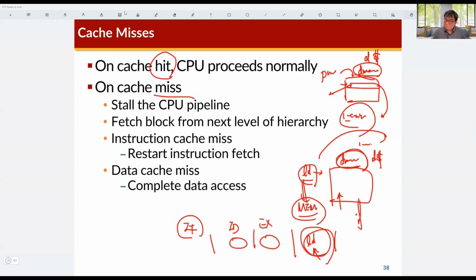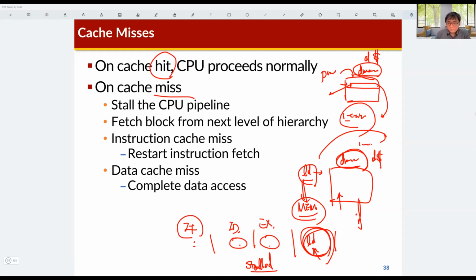This is the pipeline processor. As this instruction is stalled in the memory stage, the following instructions are also stalled: the instruction fetch, ID, and execution stages on a cache miss.